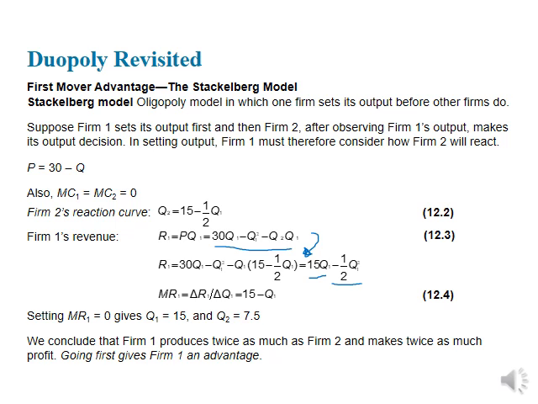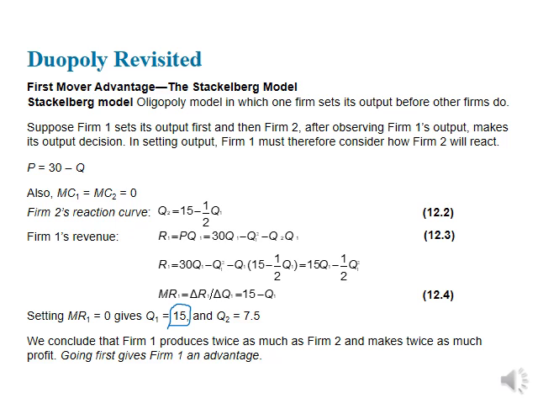We can derive firm 1's marginal revenue from there and get 15 minus Q1. Remember, we have no marginal cost, so setting marginal revenue equal to marginal cost gives us firm 1 producing 15, as opposed to the 10 they were producing in the Cournot model.